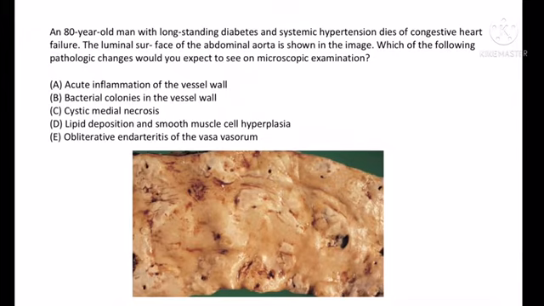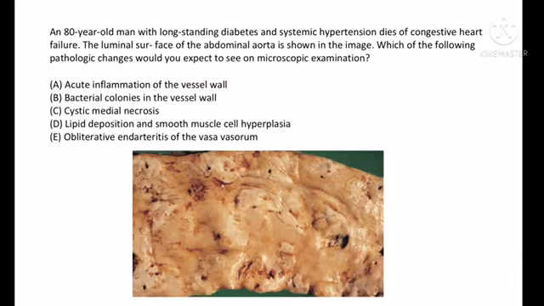And they have taken the autopsy of the abdominal aorta, and the sample here is showing some areas with different color. It is not homogeneous at all. It is not hemorrhagic. There is no rupture of the aorta.